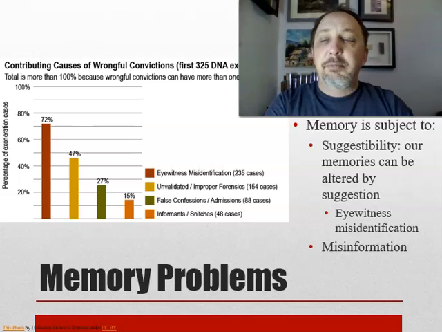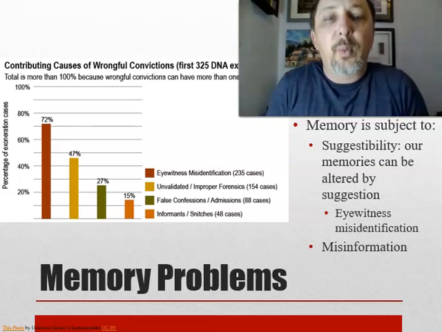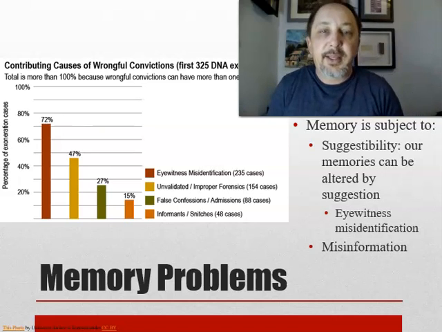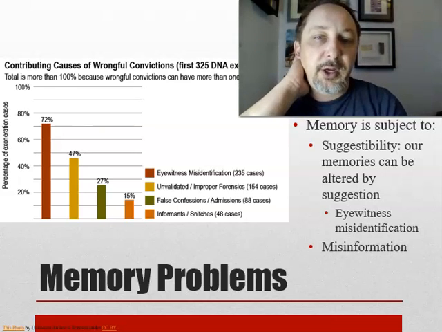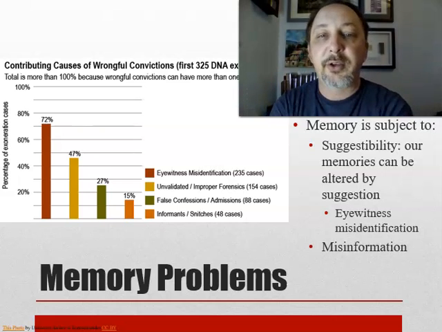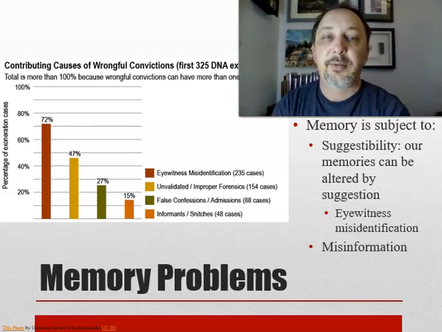When you look at memory and why it's so important that we study memory, we consider DNA exonerations. You look at what it was that was primary in getting people convicted, and you have forensic issues, false confessions, informants, things that are very, very shady and dubious.